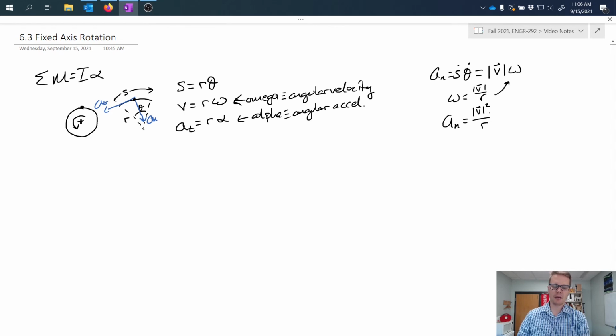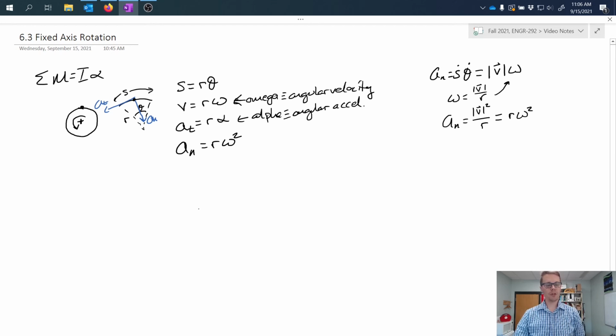Similarly, I can realize that the magnitude of the velocity vector is equal to r omega. If I plug that in, I have r omega squared over r, and the r squared cancels with the r in the denominator, and I'm left with r omega squared. So over here, for my key equations, I'm going to make note that the normal acceleration is equal to r omega squared.